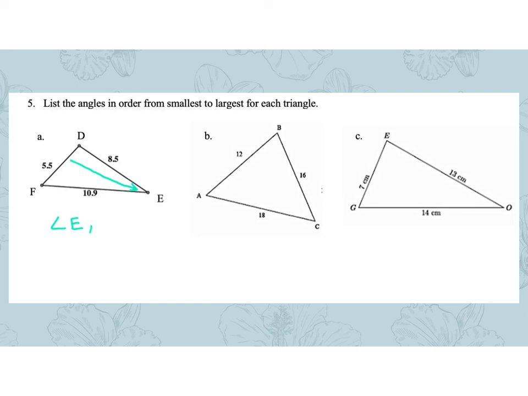Next, I would want to find my middle side, 8 5/10, and draw an arrow across to its opposite angle. Angle F is our middle angle. And last, I would find the longest side, 10 9/10, and draw an arrow across to the opposite angle. Angle D will be our largest angle.